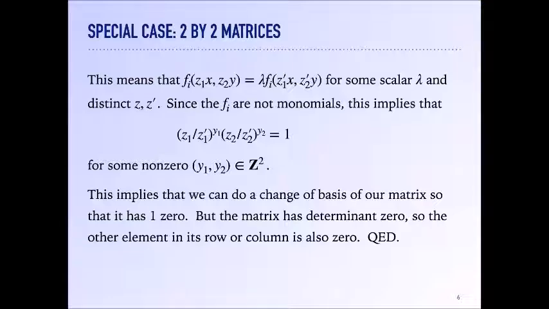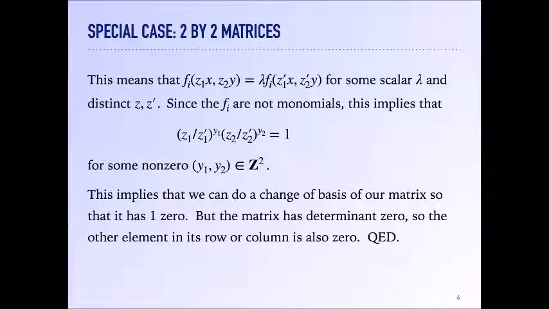Now, the f_i's are not monomials. This is pretty easy to see. First of all, they're irreducible, so if they were monomials, it would be either x or y. But there's no point of having a factor of x or y in our original polynomial. The whole point of it is just that it has small degree and it vanishes on all these tuples, and the x's are never 0, so multiplying by x doesn't help you.